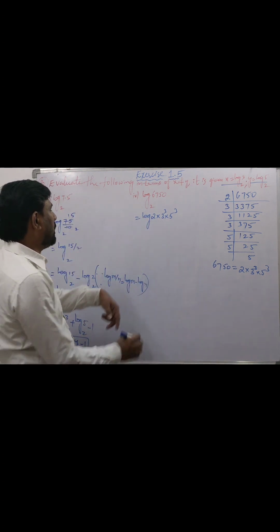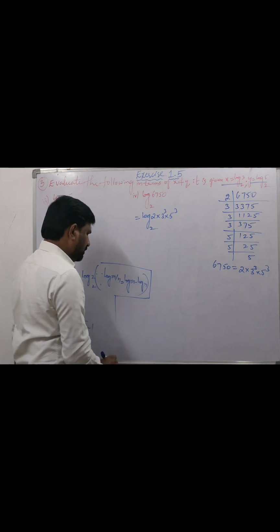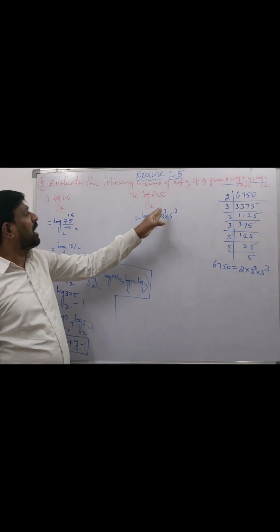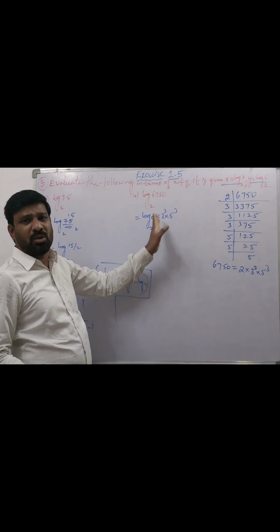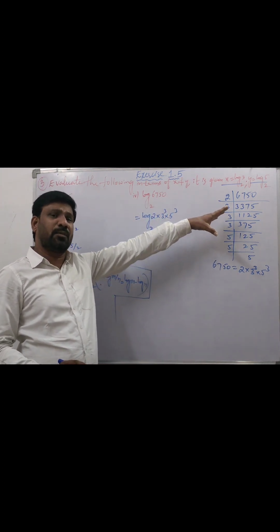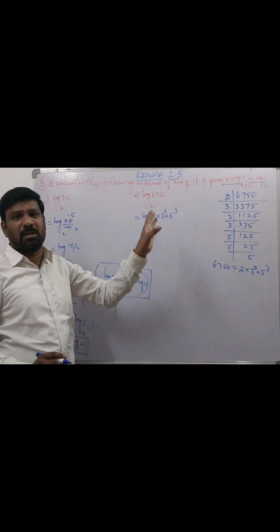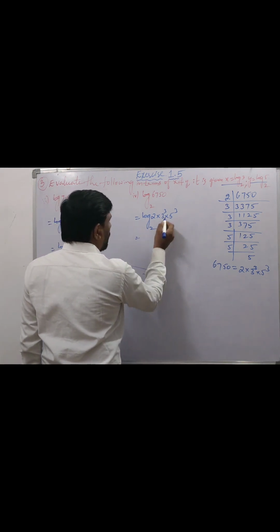Now this is in the form of log base 2. Log of m into n, and one more number o is also there, m into n into o. A into B into C, if you take like this, that becomes the sum of the logarithms: log A plus log B plus log C, and so on. Here only 3 terms are there.